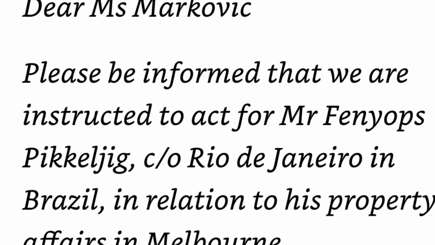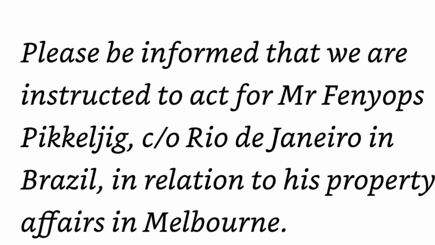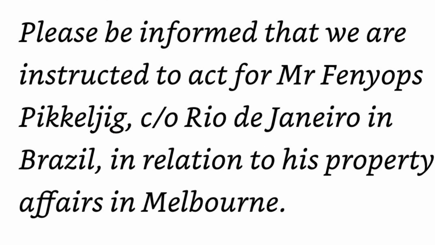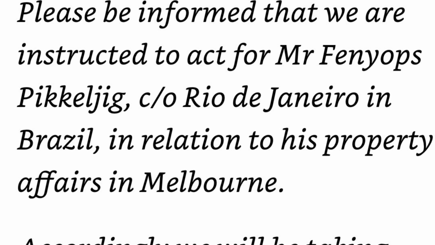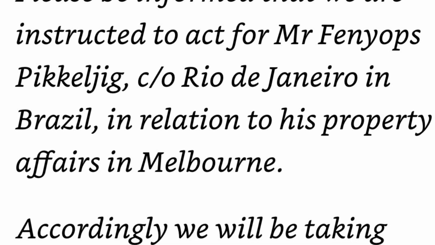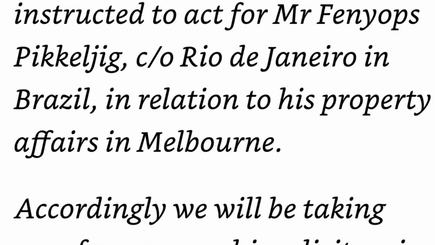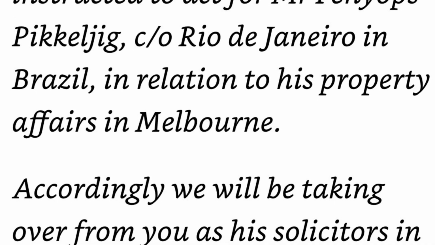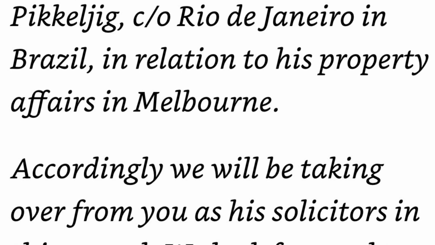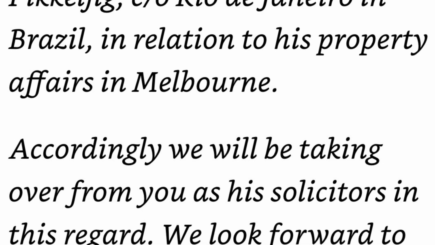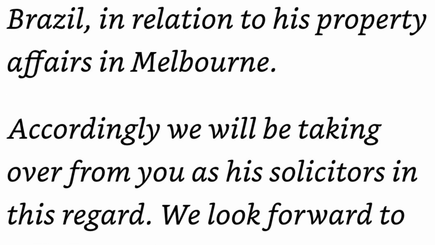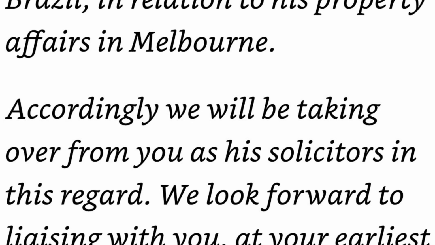Dear Ms. Markovich, please be informed that we are instructed to act for Mr. Fenyops Picklejig, care of Rio de Janeiro in Brazil, in relation to his property affairs in Melbourne. Accordingly, we will be taking over from you as his solicitors in this regard. We look forward to liaising with you at your earliest convenience in relation to the transfer of the relevant paperwork.